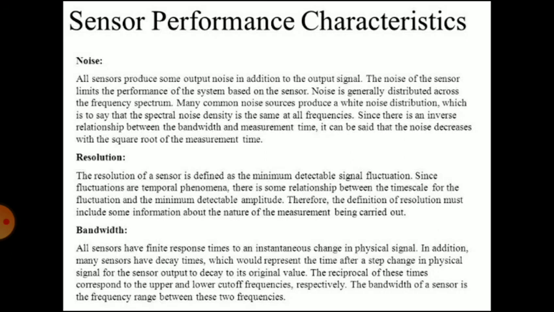Many common noise sources produce a white noise distribution, which is to say that the spectral noise density is the same for all frequencies. Then resolution. The resolution of a sensor is defined as the minimum detectable signal fluctuation.